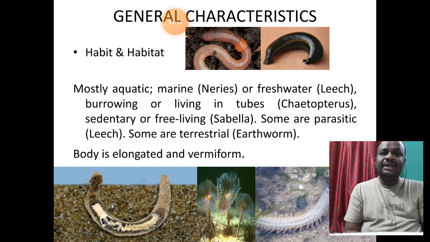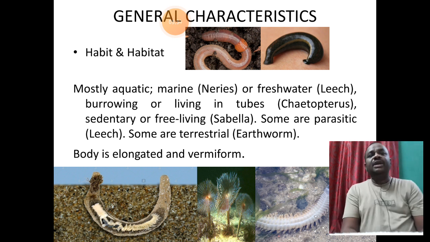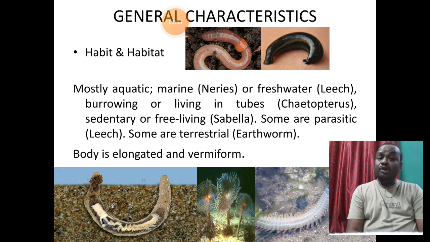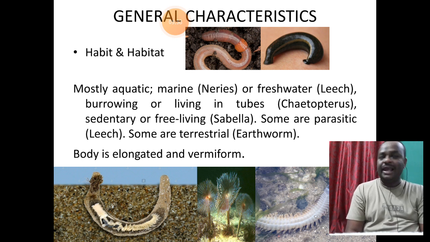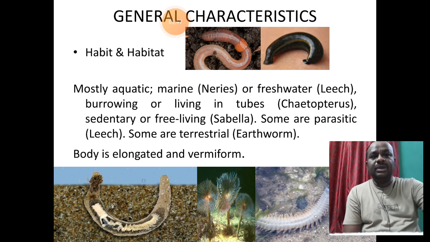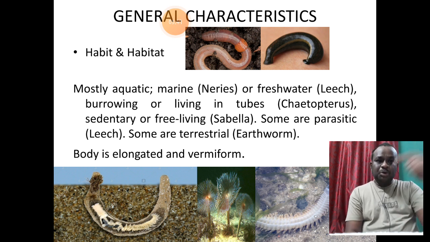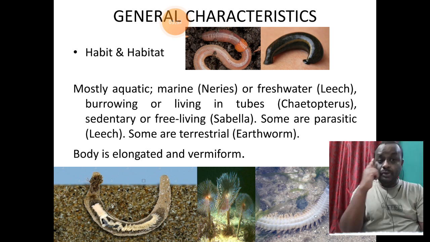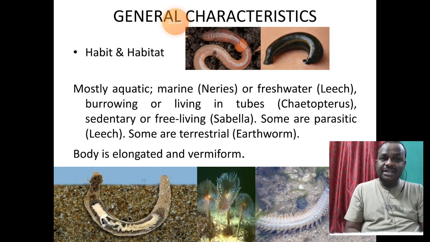The body of these organisms is elongated and worm-like, so it is called vermiform. A worm-like body is called the vermiform condition. Right above in the slide, you have two images. One towards the left side is the earthworm, towards the right side is the leech.